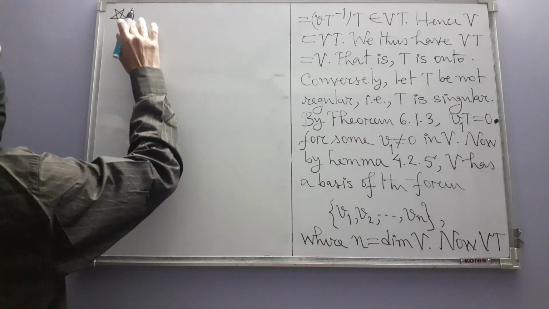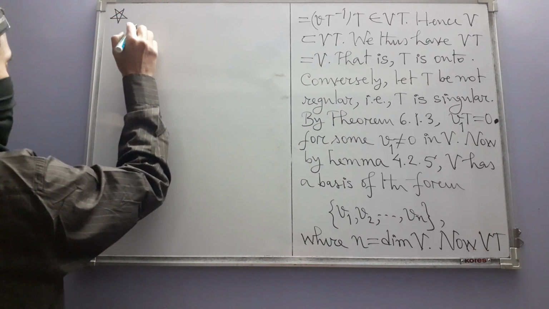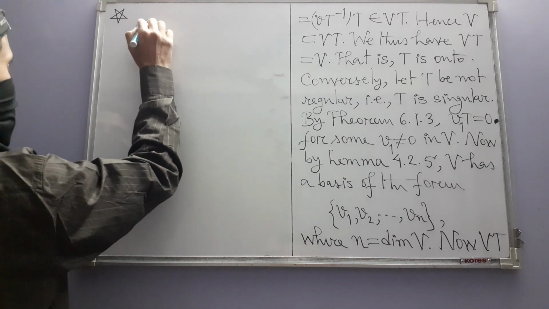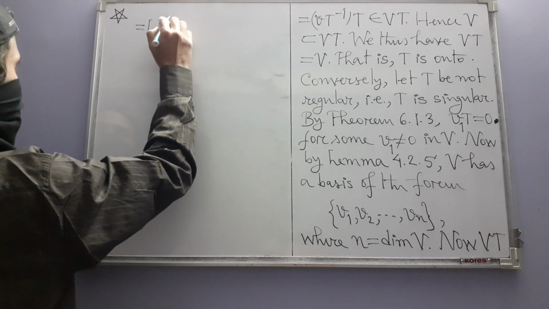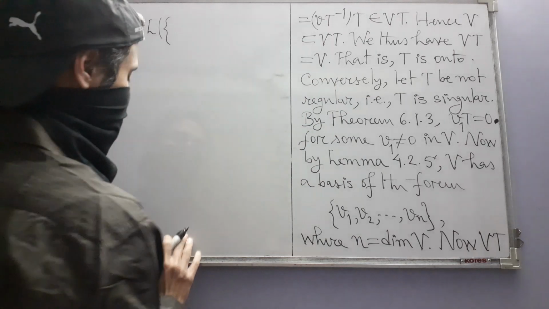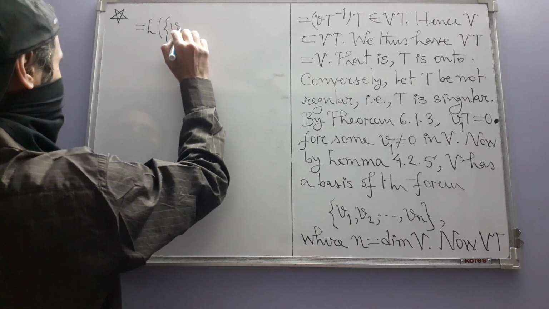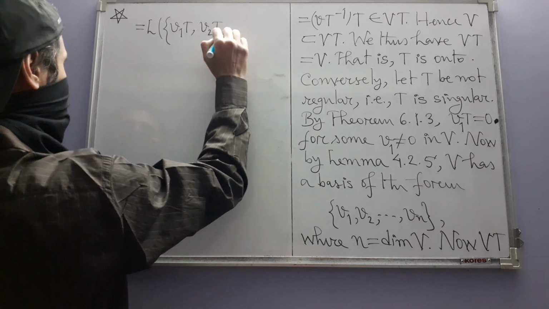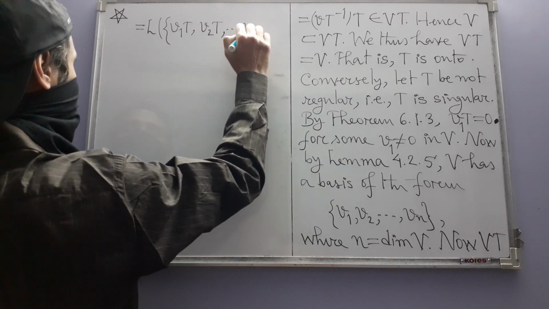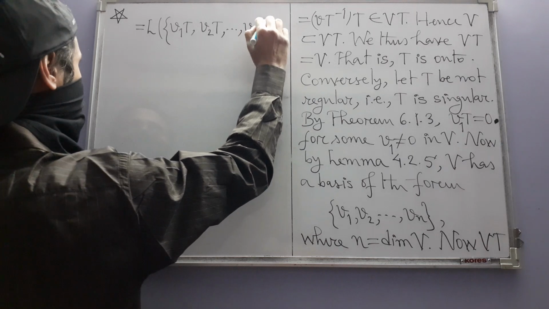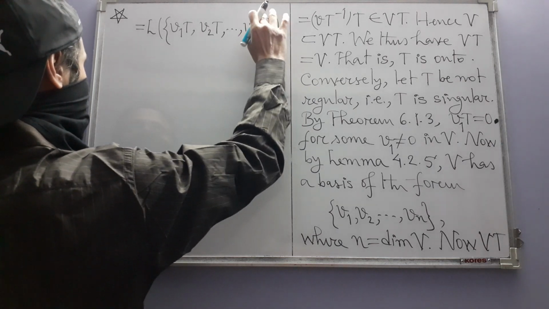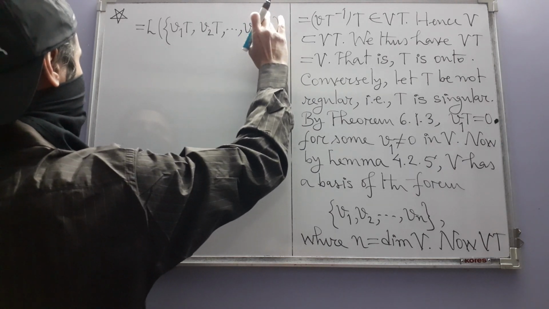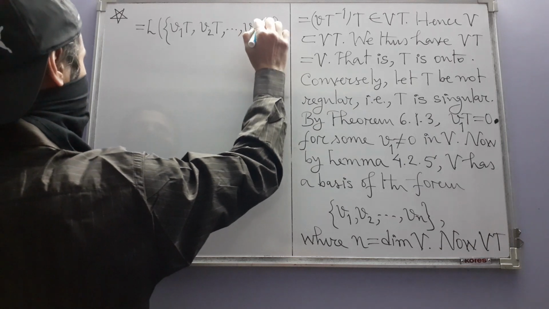Now Vt is equal to the linear span of this set. By the way, exactly why is it true?